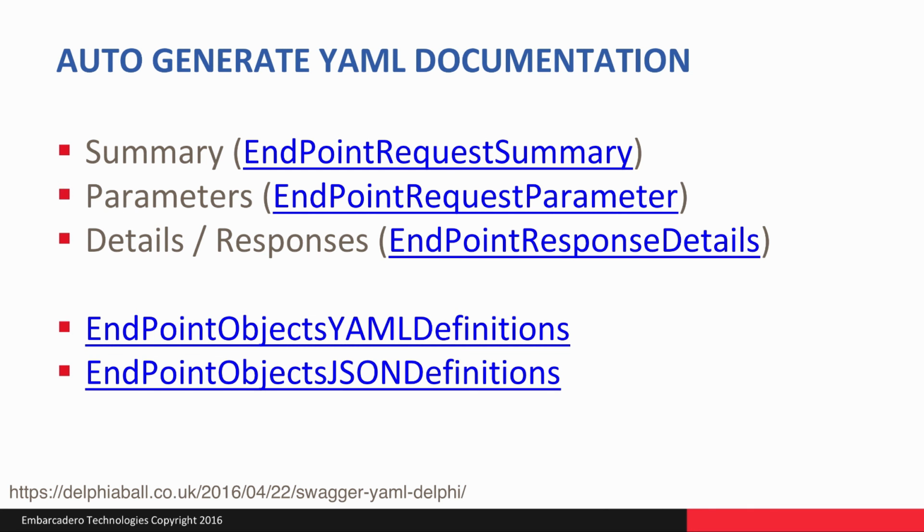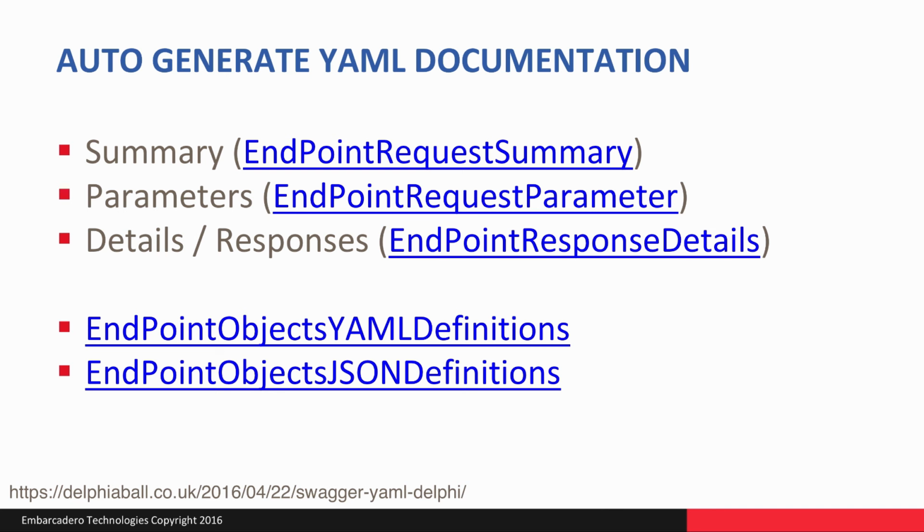So there's three key attributes that you need to look for, and then two additional ones that help supplement it and make it a lot richer. The first three are the endpoint request summary, which gives a high-level picture of what the API does. You can use it to categorize the API.